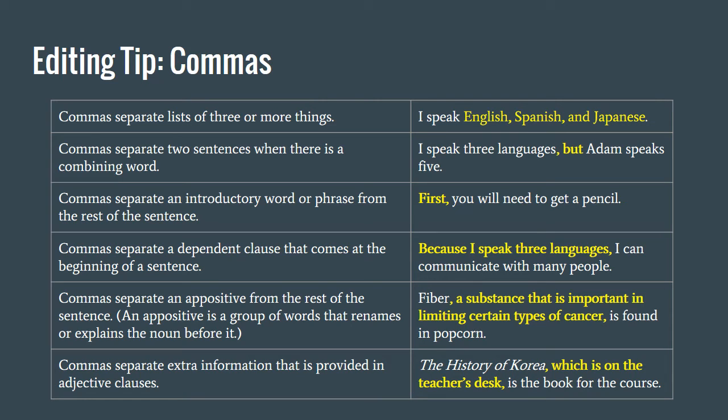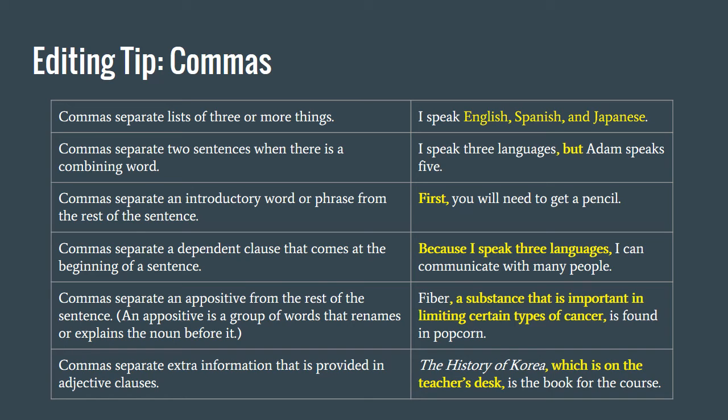Okay, moving on. Commas separate an appositive from the rest of a sentence. An appositive is a group of words that renames or explains the noun before it. You can see the appositive in the example. It's in yellow color. Fiber, a substance that is important in limiting certain types of cancer, is found in popcorn.